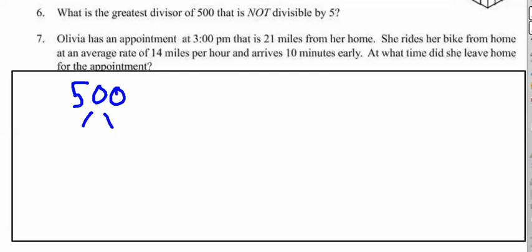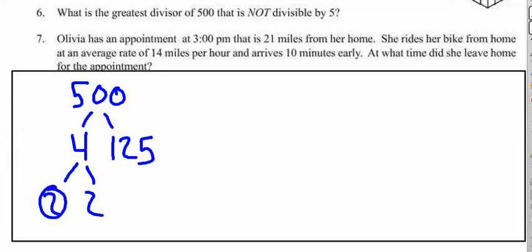We're going to break this into 4 and 125. And then we can break 4 into 2 2s, and those are prime numbers, so we can't do anything more with those.